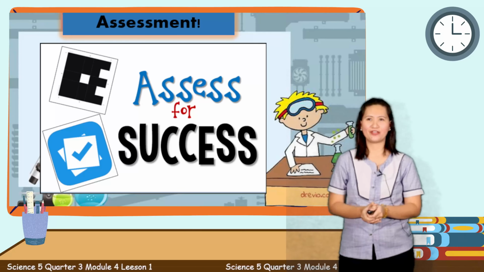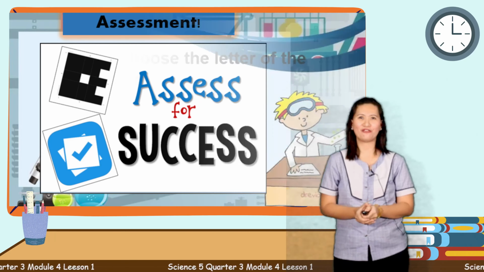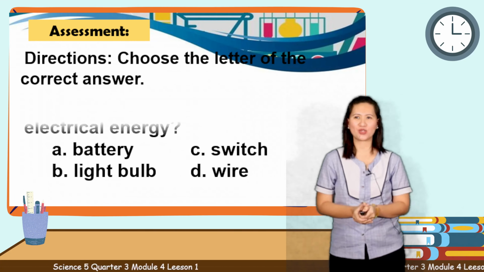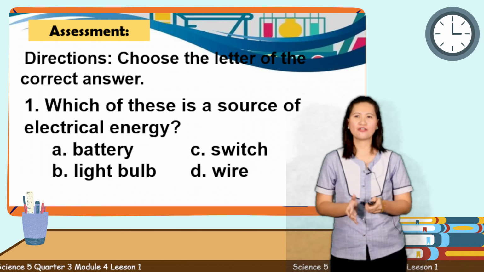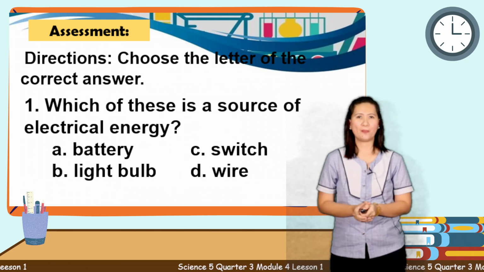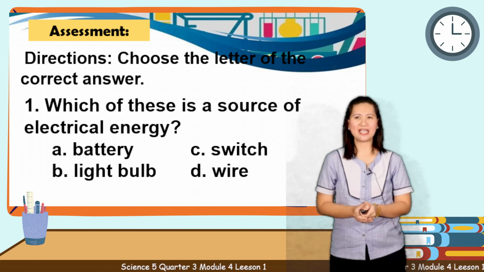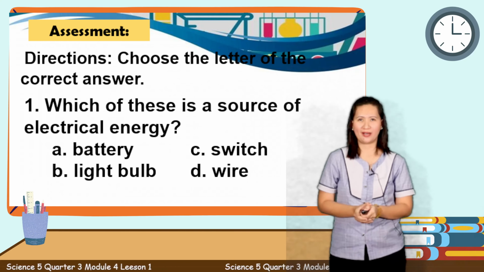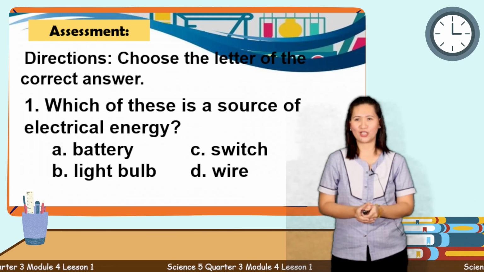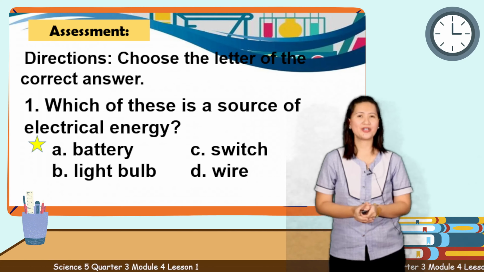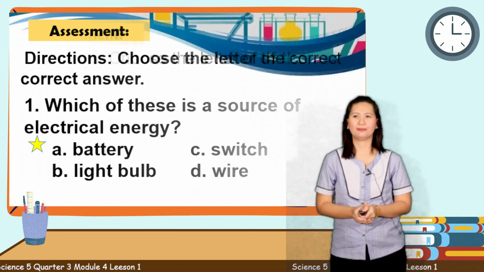And let's have this assess for success. Choose the letter of the correct answer. Number 1. Which of these is a source of electrical energy? A. Battery. B. Light bulb. C. Switch. D. Wire. Write your answer. The answer is letter A, battery.